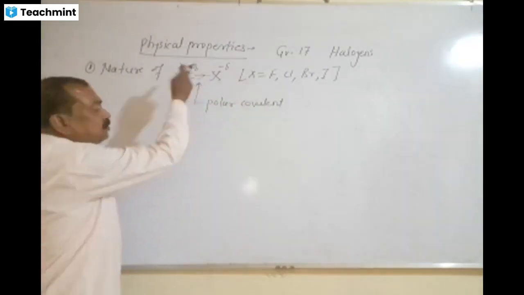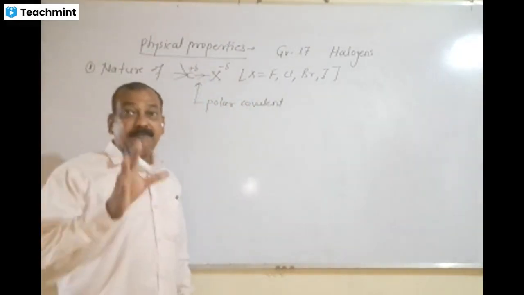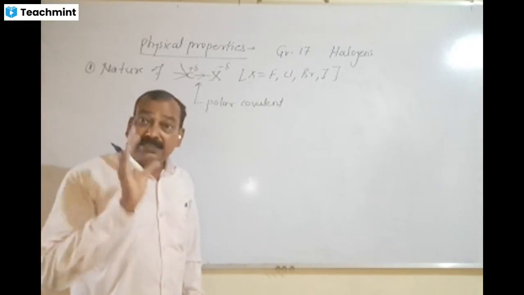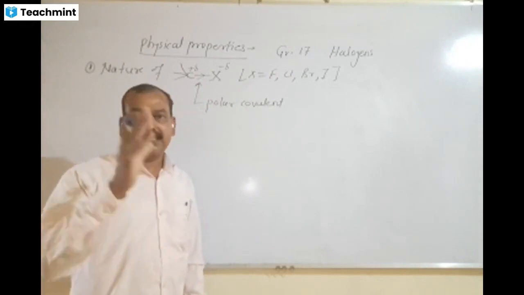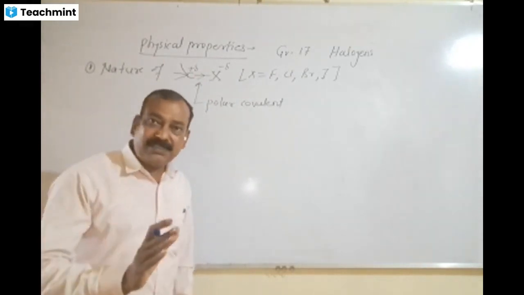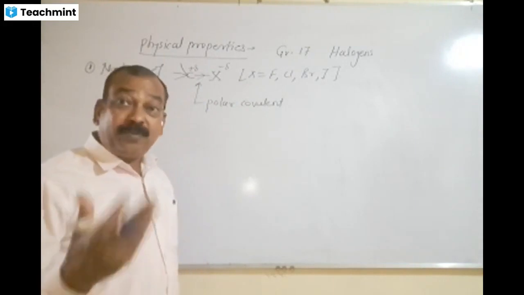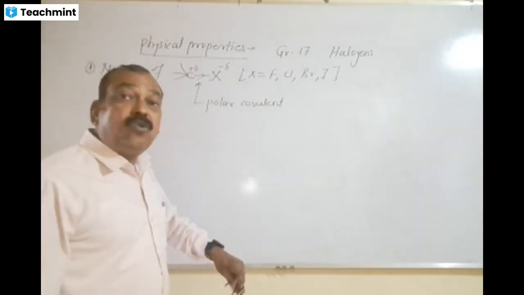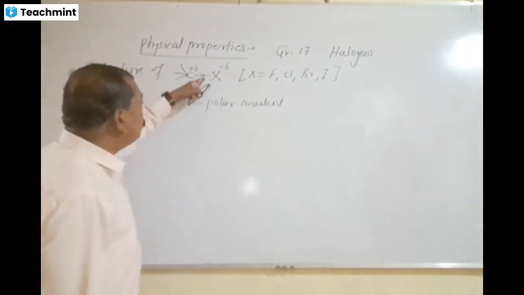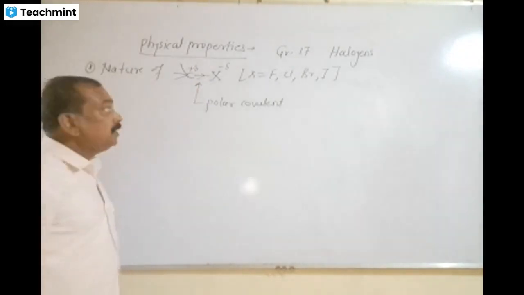And the strength of this polar covalent bond depends upon atomic size and molecular mass. As atomic size and atomic number of the halogen atom go on increasing, the strength of this bond goes on decreasing.